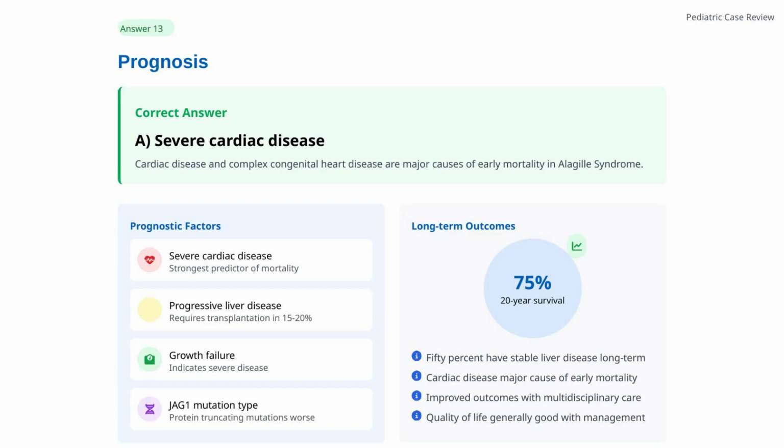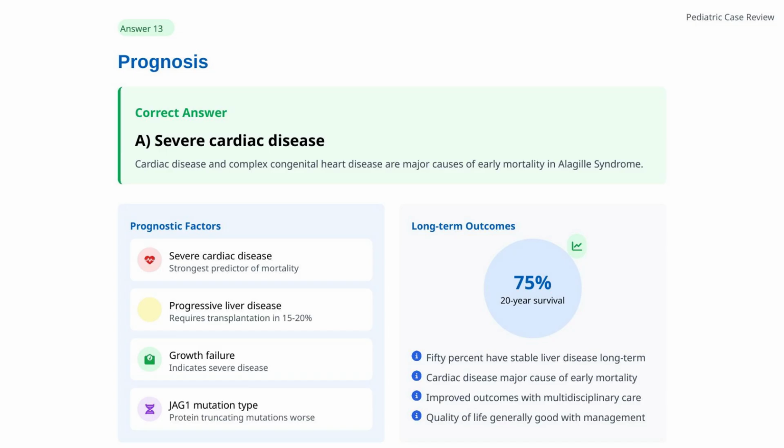The correct answer is A, severe cardiac disease. Cardiac disease and complex congenital heart disease are major causes of early mortality in Alagille syndrome and represent the strongest predictor of poor outcome. Other prognostic factors include progressive liver disease, which requires transplantation in 15 to 20% of patients, growth failure indicating severe disease, and the type of JAG1 mutation, with protein truncating mutations associated with worse outcomes.